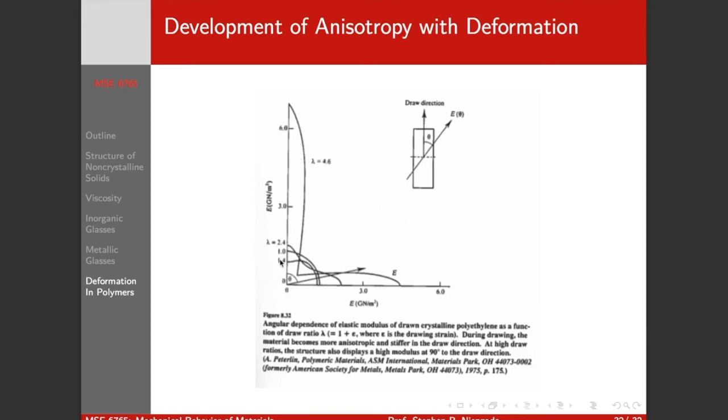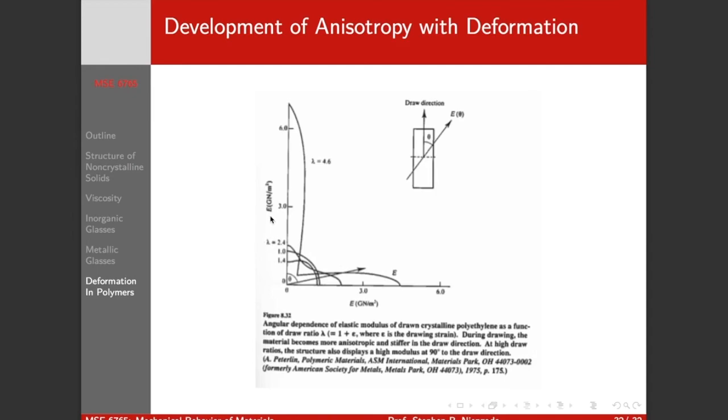And as we draw, right? So when you start out, the polymer is basically going to be pretty isotropic. So lambda of 1 is this curve here.